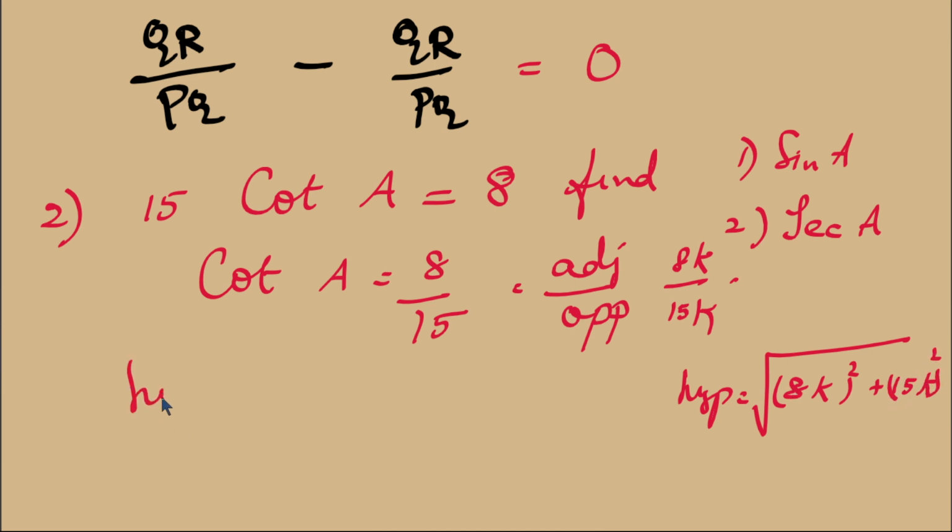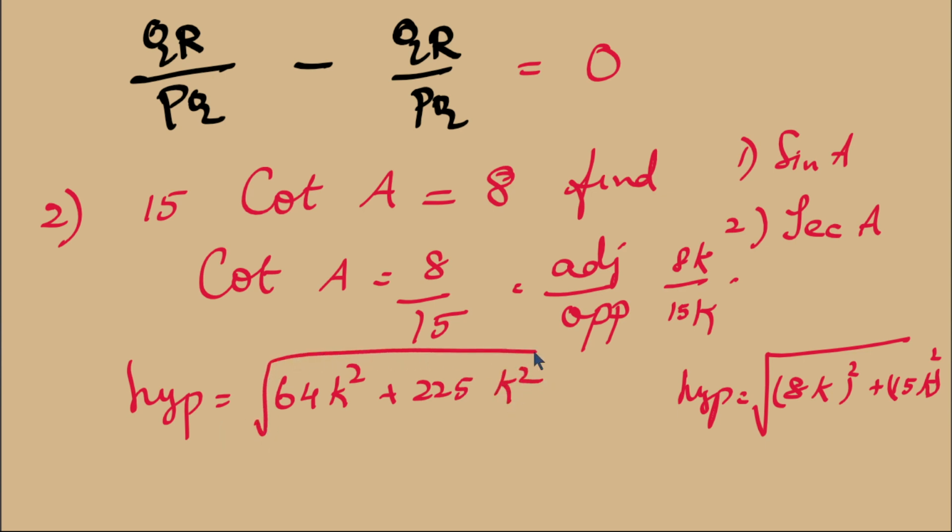So hypotenuse would be equal to the square root of 64k squared plus 225k squared. I'm just applying the Pythagoras theorem. So the sum of these two, 64 and 225, would be 289k squared.